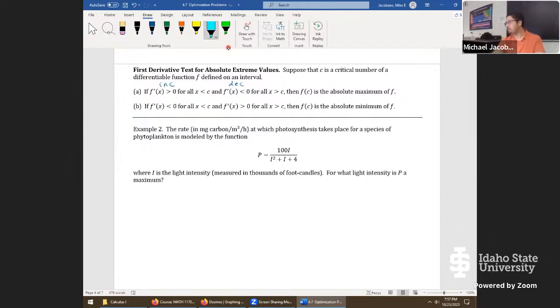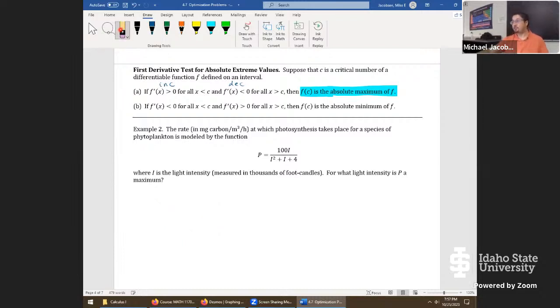That means you would have an absolute maximum of that function right at f of c. Since we were increasing, right at c it stops, the derivative is 0 for a horizontal tangent line, and then begins decreasing. So part A is just a graph that essentially looks like that. Critical number would be an x-coordinate that produces that horizontal tangent.